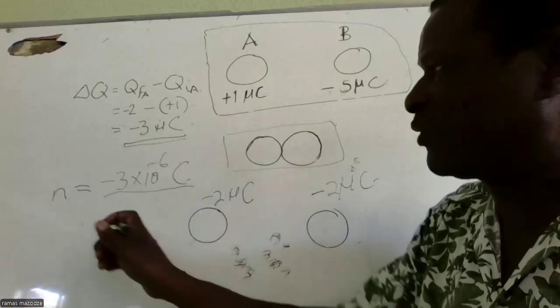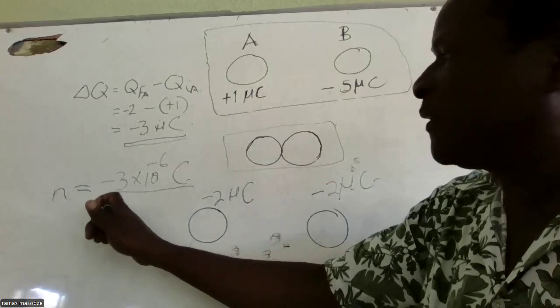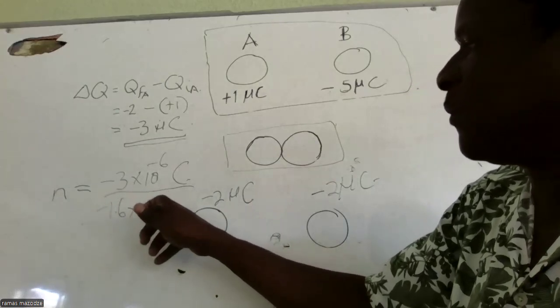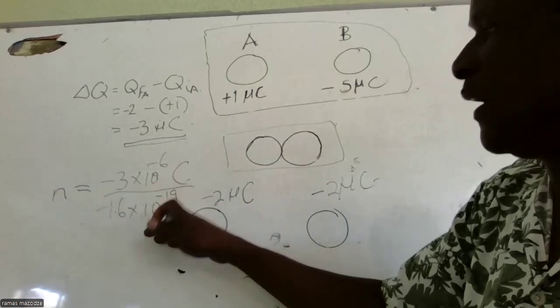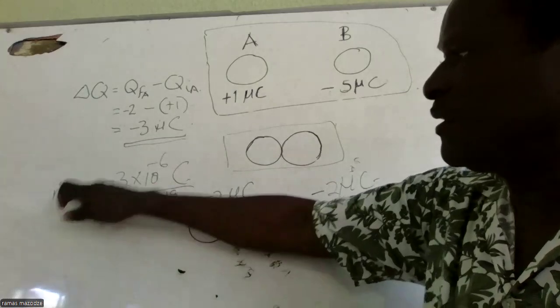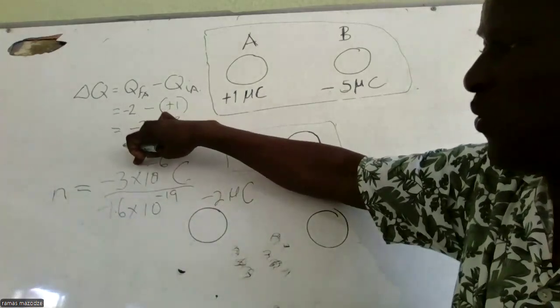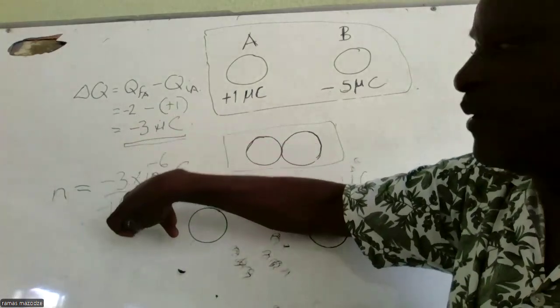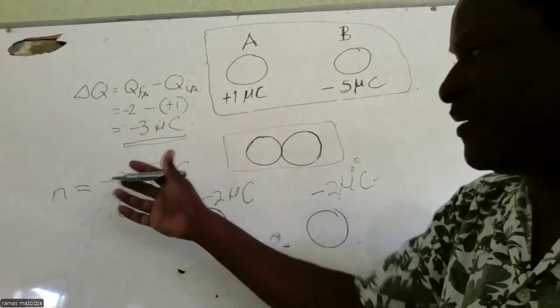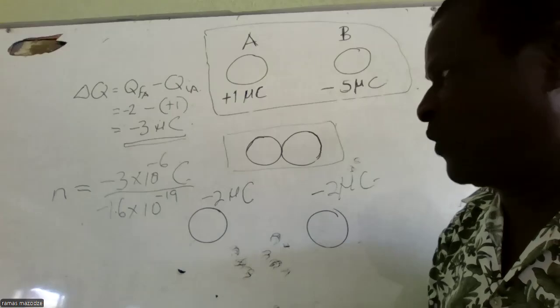The charge on an electron is minus 1.6 times 10 to the power minus 19. So from the formula, n is equal to Q over Qe. And I hope you remember that formula.